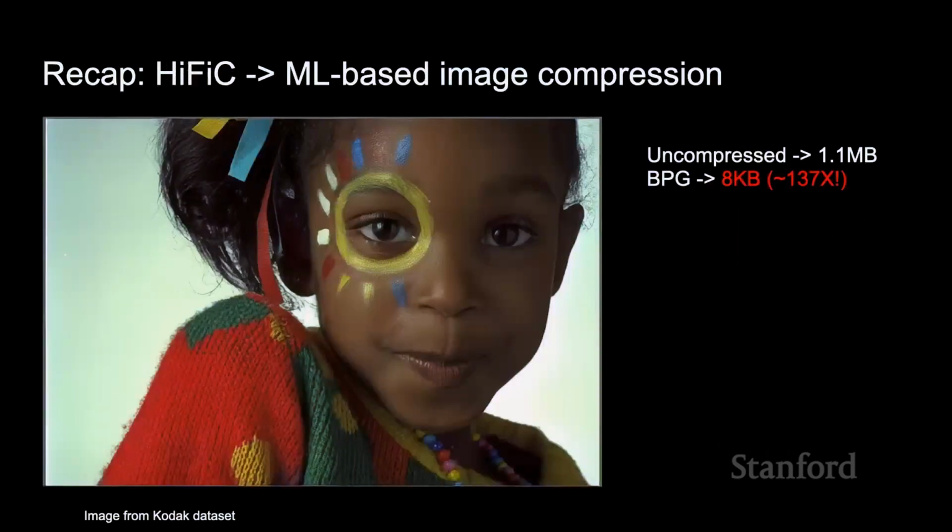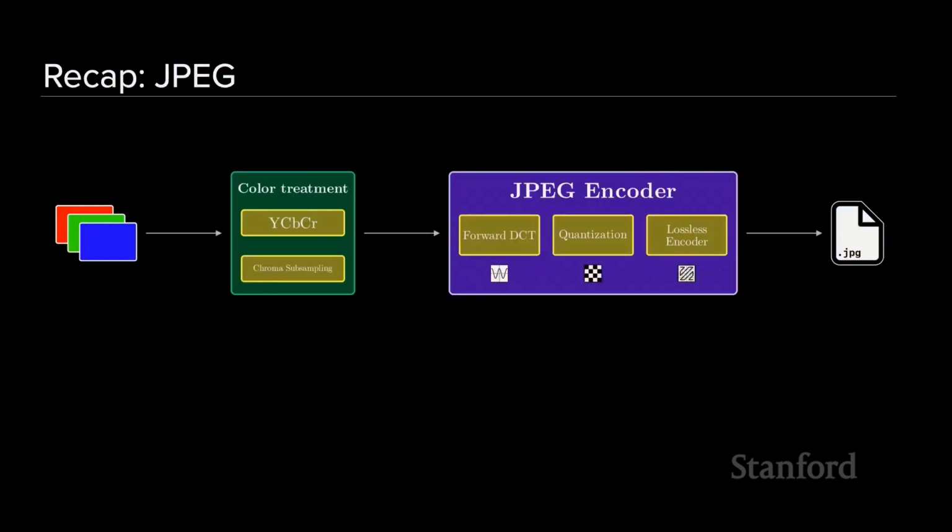Okay, and so today we'll be learning more about how you employ and deploy ML for image compression particularly. Okay, so just a reminder, this is what a pipeline for JPEG looked like, and we have seen similar things over the past few classes, so now you should be comfortable with the ideas.